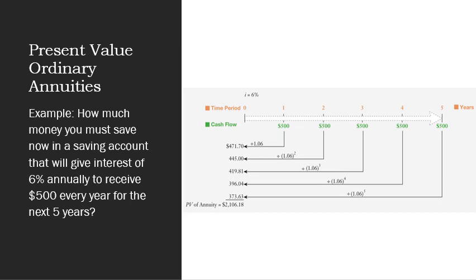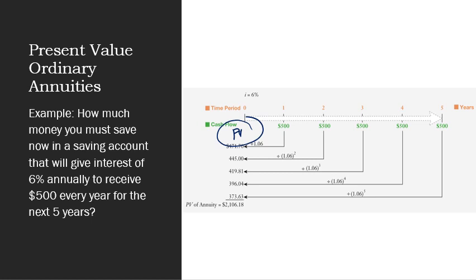Now let's look at an example of the present value of an ordinary annuity. How much money must you save now, the present value, in a savings account that gives interest of 6% annually, to receive 500 every year for the next 5 years?